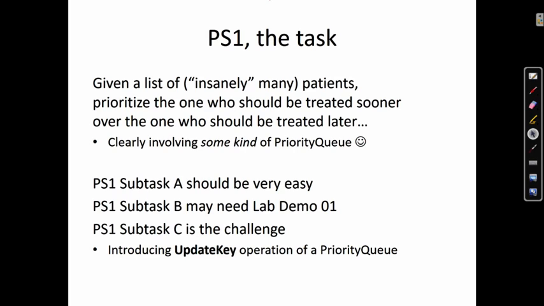For subtask B, you might need to understand what's happening in lab demo 1 next week, or you probably don't need to. You can try it yourself. And subtask C is the challenge, because now you will introduce a new operation which I didn't describe in the lecture. It's called the update key operation. So you have to implement this yourself. This is your first PS.